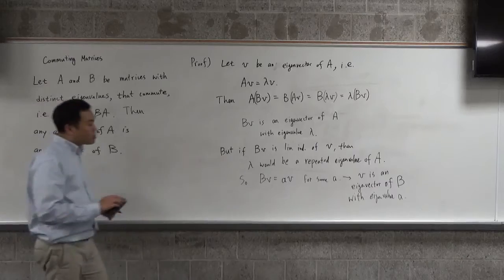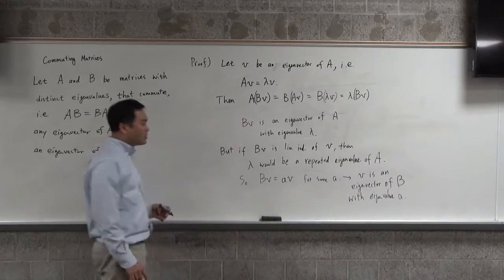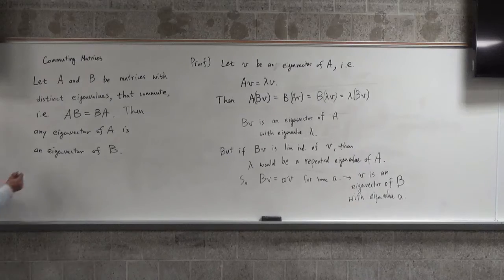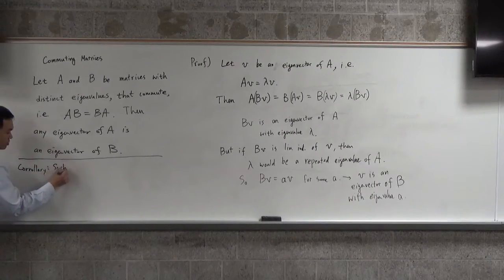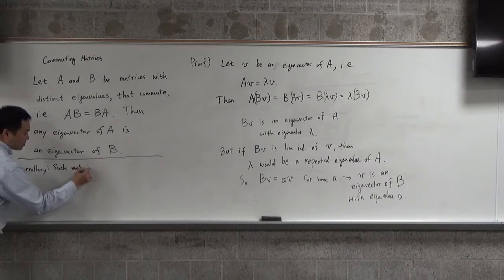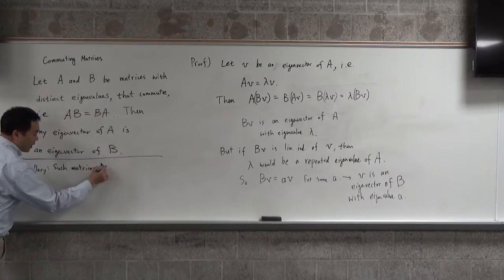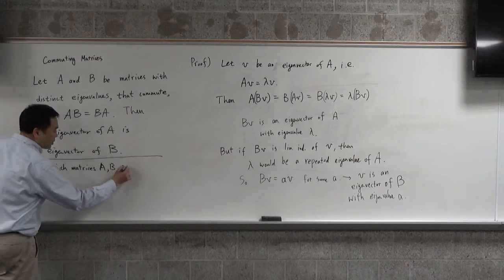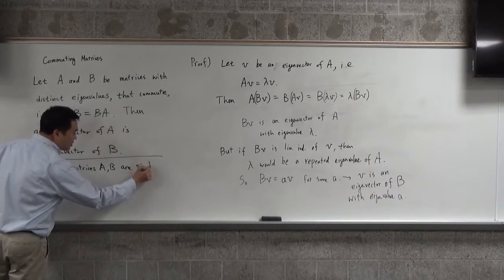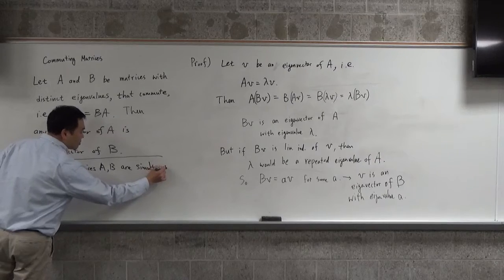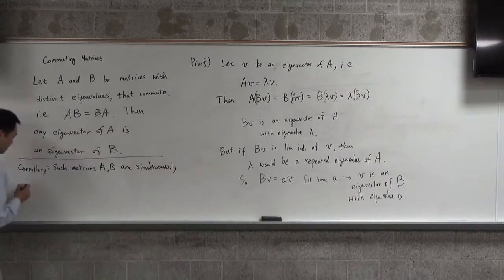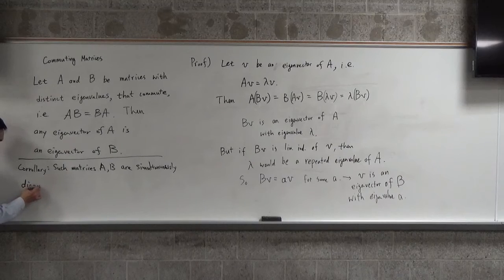So there's a corollary that's also interesting from this, which is that such matrices A, B are simultaneously diagonalizable. Okay? And what does that mean?